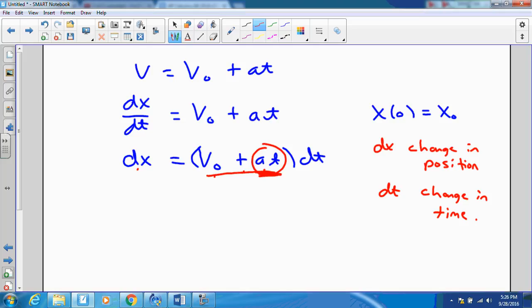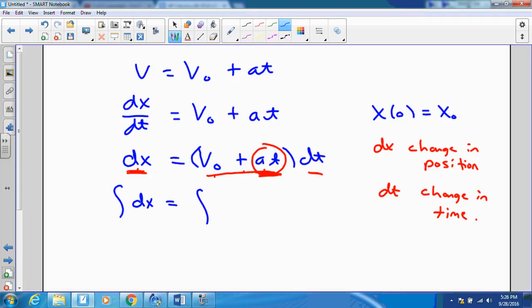In other words, the velocity is changing. So going back to our previous example, if a was 10, then as time went on, the amount of displacement that I would get for a small change in time would be increasing for increasing values of t.